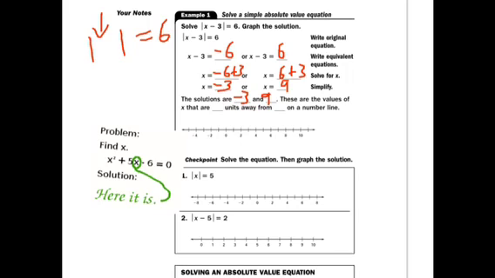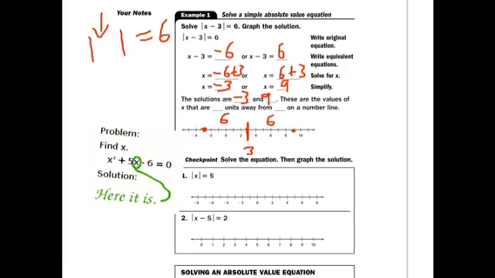These are the values of x that are 6 units from 3. If you start at 3 right here and you count 6 units to the right, you get to 9. If you count 6 units to the left, you get to -3. So there's 6 units from here to here, and we started at 3.